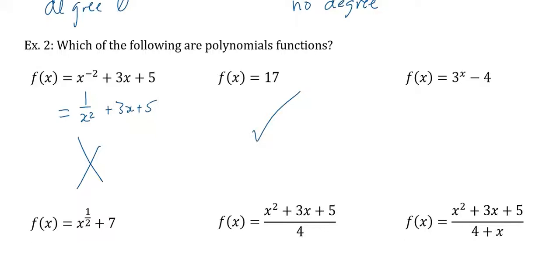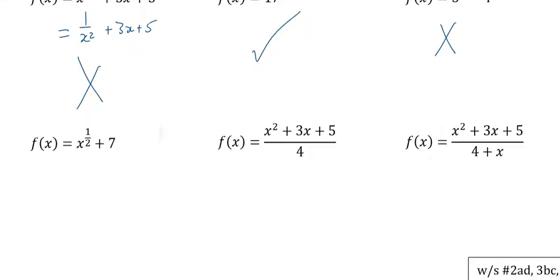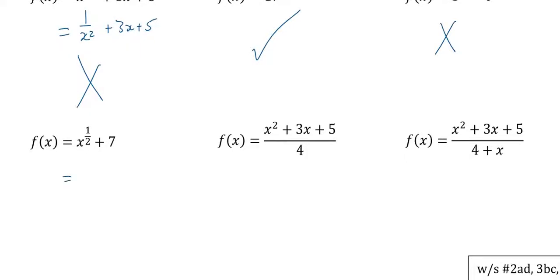What about the next one? Yep, you're right. It's 1 over 4 x squared plus 3 over 4 x plus 5 over 4. That sure looks like a quadratic to me. No, nothing ever said that they have to have integer coefficients.